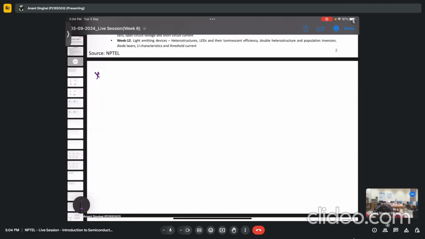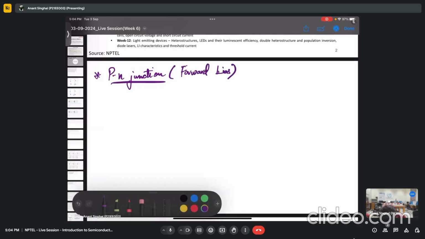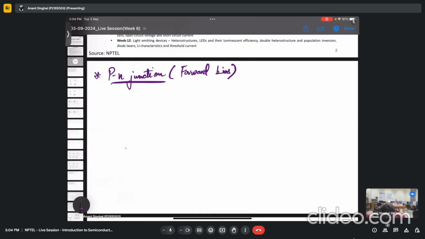So in the last class we read about the p-n junction under forward bias. If I talk about equilibrium, let's say we have a p-n junction under equilibrium, and a conduction band profile like this. We have a certain built-in potential, denoted by qVbi, that helps in maintaining this equilibrium.